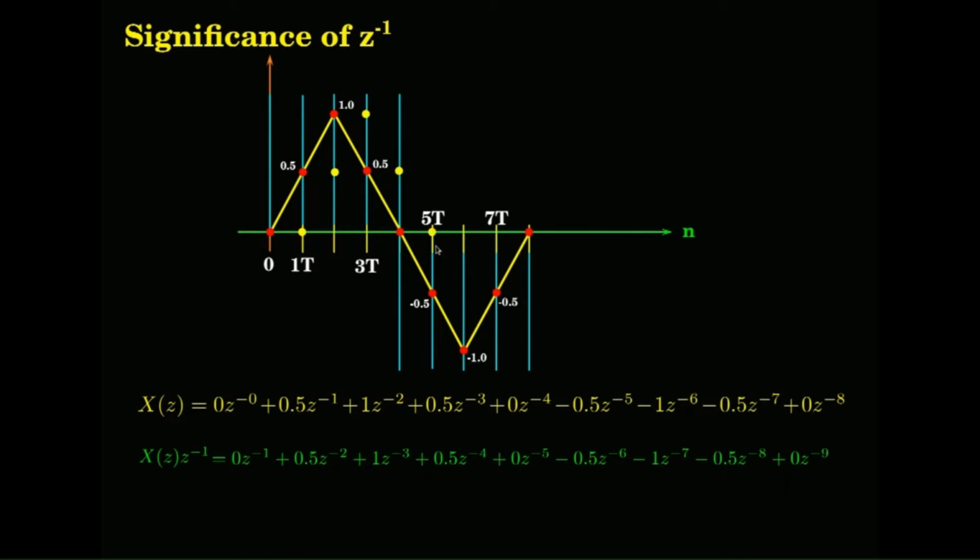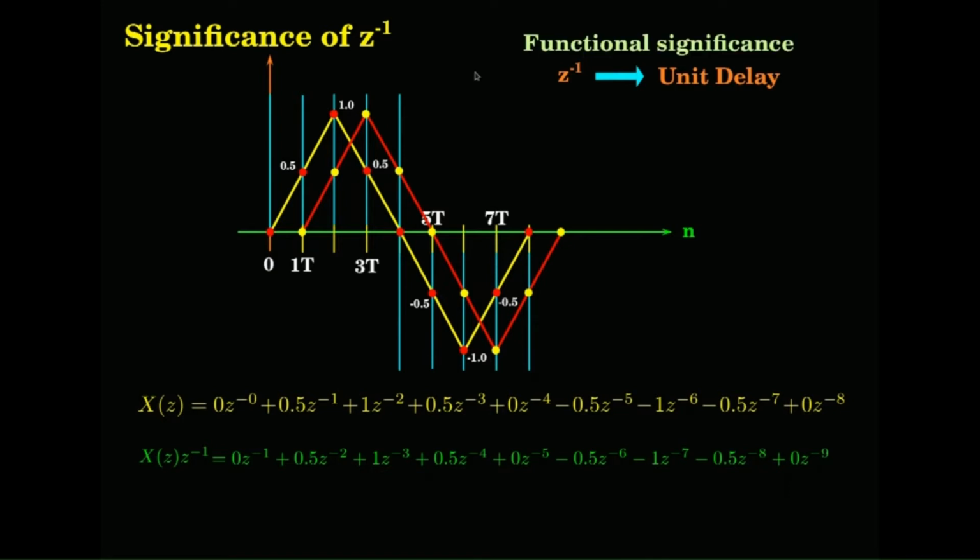At 5T it is 0, then minus 0.5 at 6T, minus 1 at 7T, and then minus 0.5 at 8T and 9T. So if you see, the signal is actually time shifted. So multiplication by Z to the power of minus 1 implies a unit delay, one sample time delay. Now this is the functional significance.